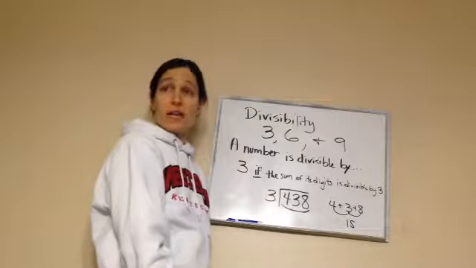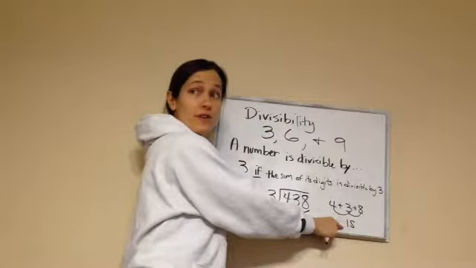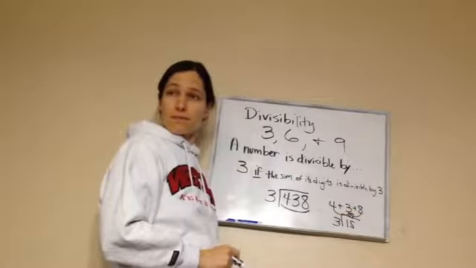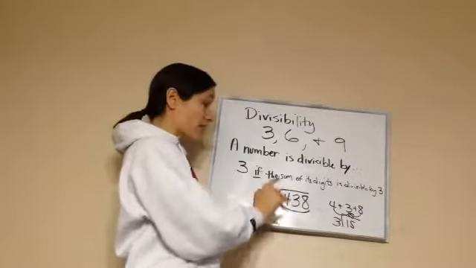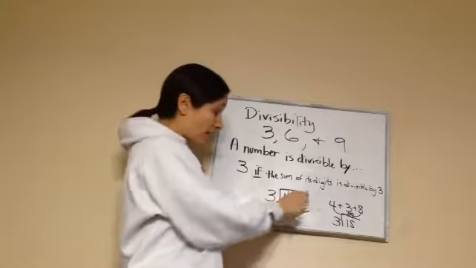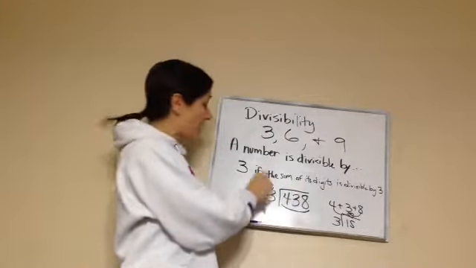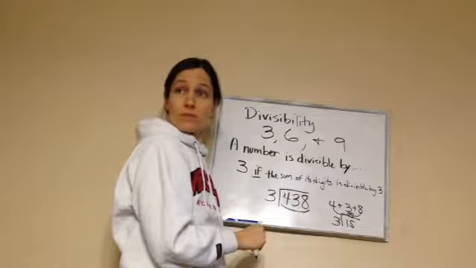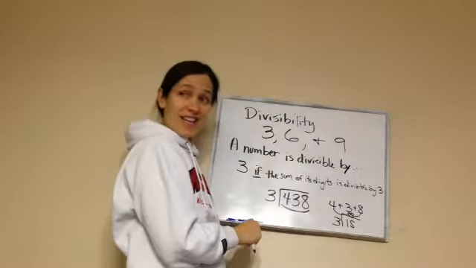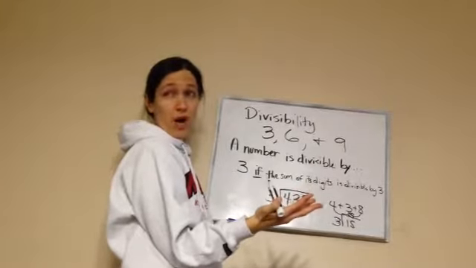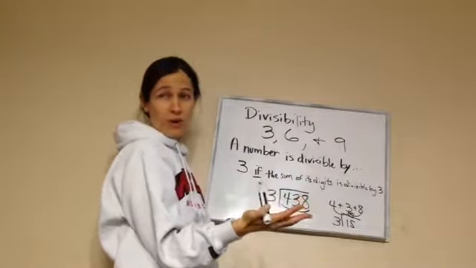Yes, 3 times 5 is 15. So, guess what? I know that this big number will be divisible by 3 because of this rule. Isn't that cool? Okay, so let's actually perform the problem to see if we're right, even though we already know we are.